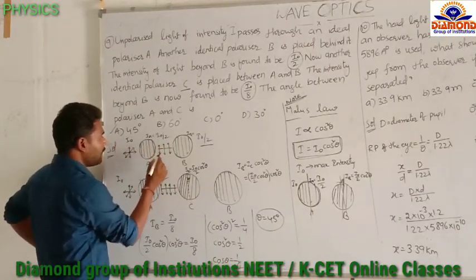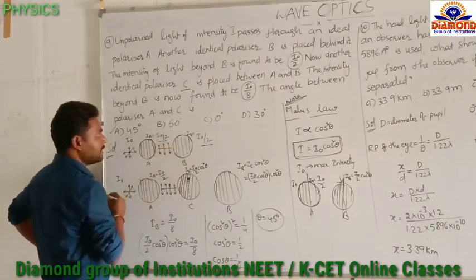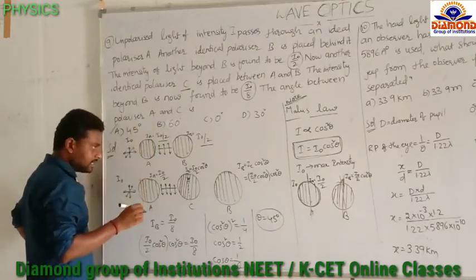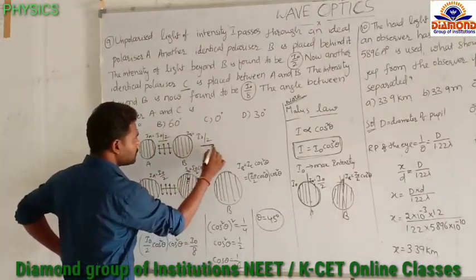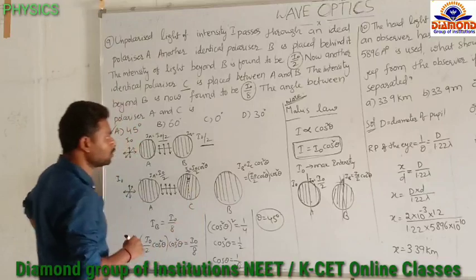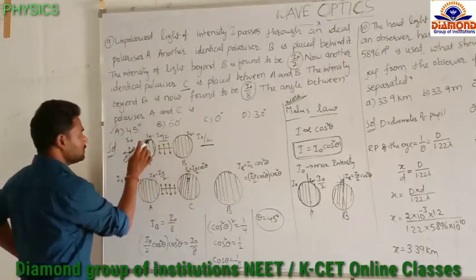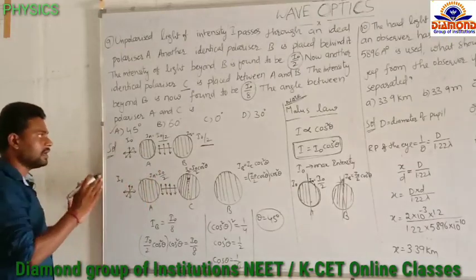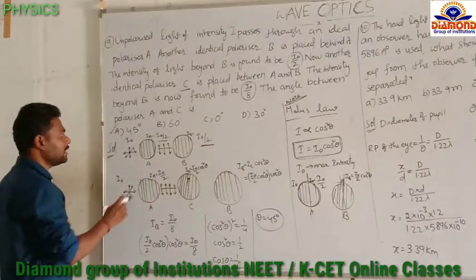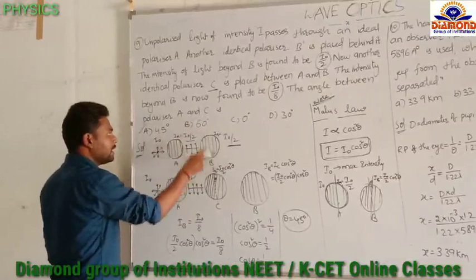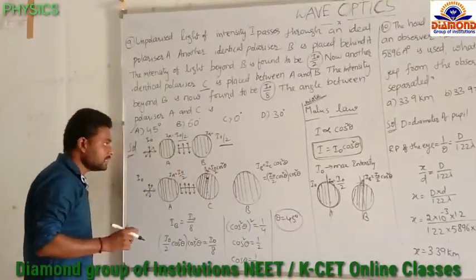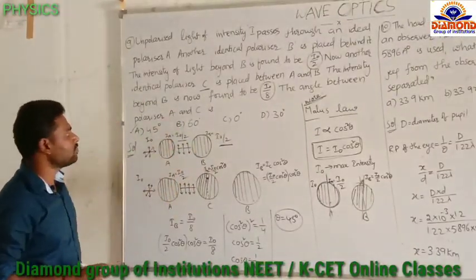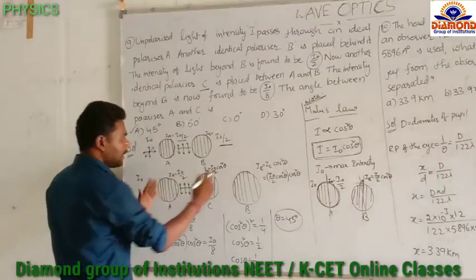After passing through B the intensity is also I naught by 2, which means the A polarizer and the B analyzer are parallel to each other. That means the angle between the transmission axes is 0.